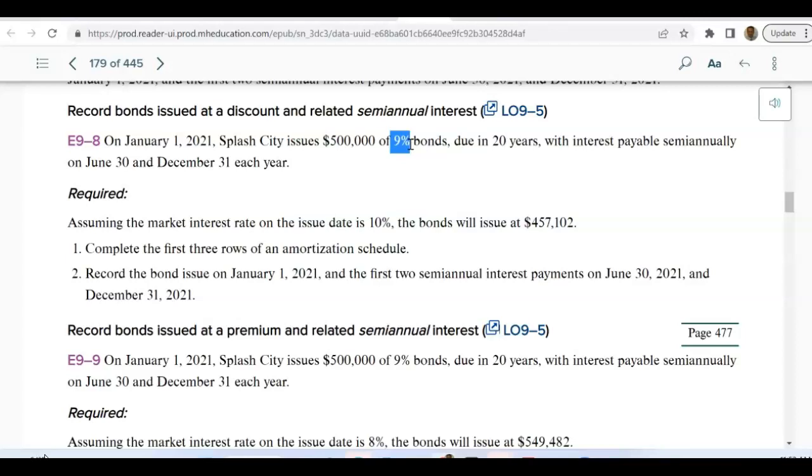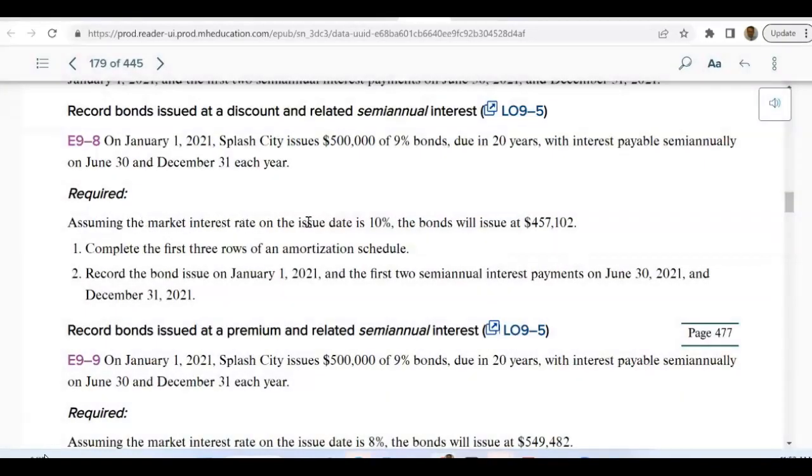Semi-annual payment will be based on 9%. Every other thing that you are going to calculate is based on the market. Got it? So what is the I for your calculation? I, interest rate. So your interest rate I is 10%, which is the market, divided by 2, which is 5. Good?